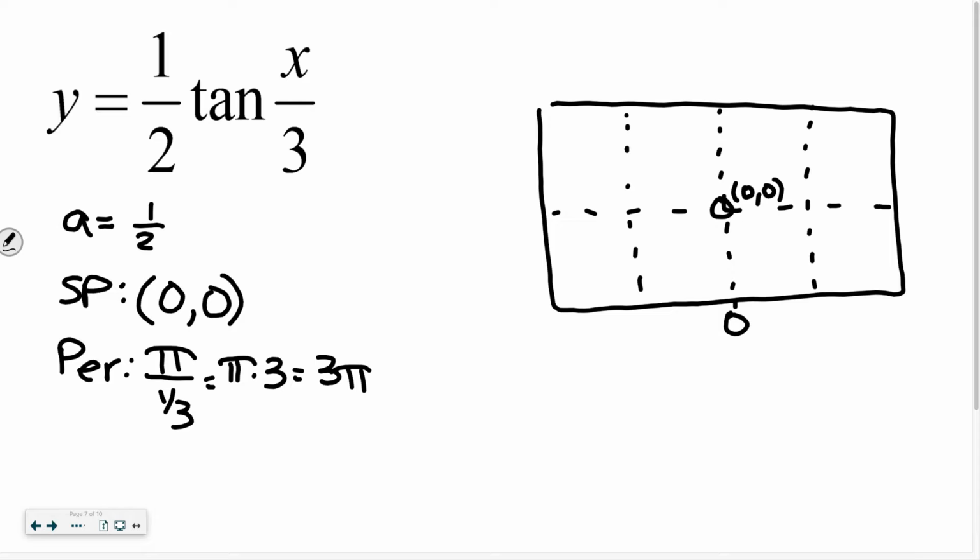So this is 0 and this is 0. I, of course, creature of habit, like to do things the same way every time, so I'm going to do my a value and my horizontals before I draw the picture. If my a was 1/2, this is going up 1/2 and down 1/2 from 0, so that would be negative 1/2 to 1/2.